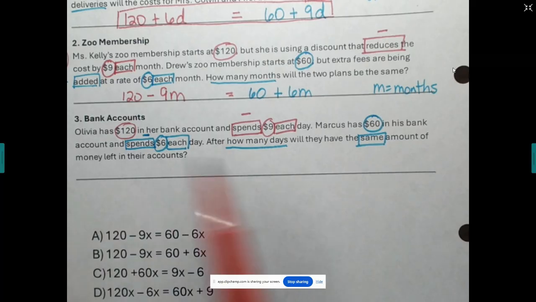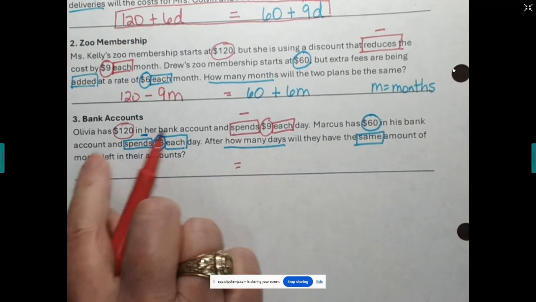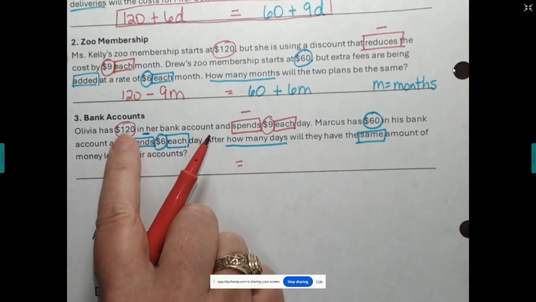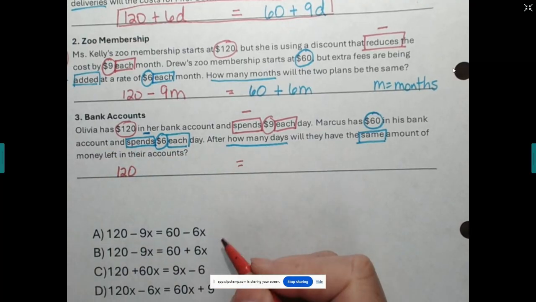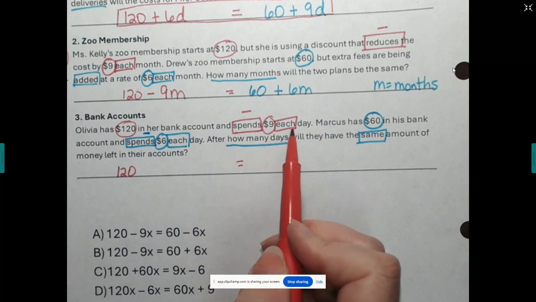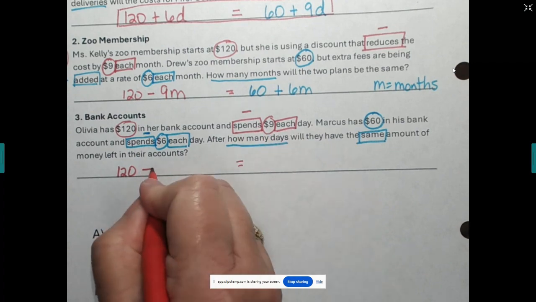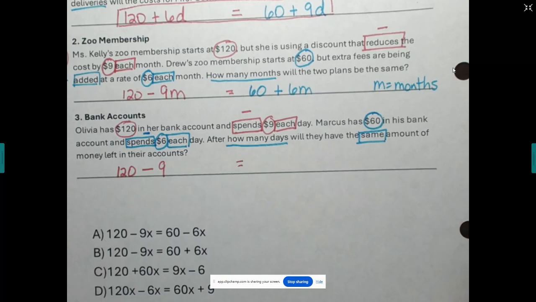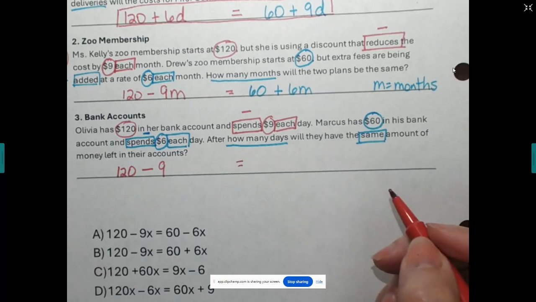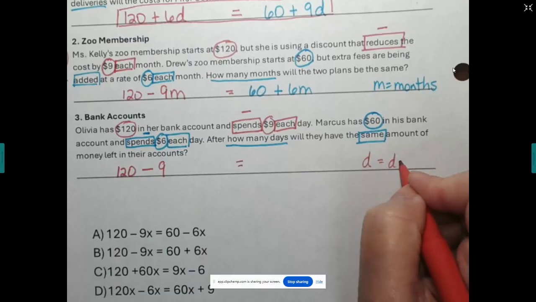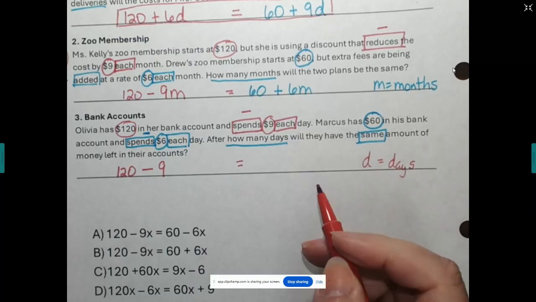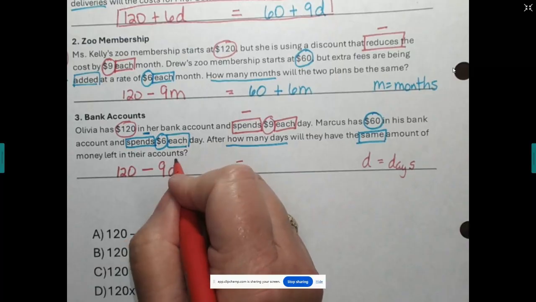Okay, so let's build the red side of my equation. Olivia has $120, so she's got positive 120, and she spends $9 each day. She spends $9, and I forgot to define my variable. I'm going to say D for days. She spends $9 per day.